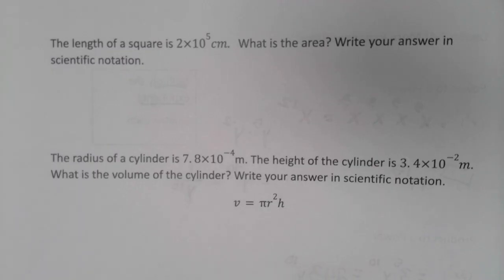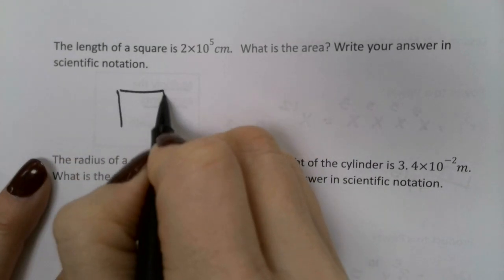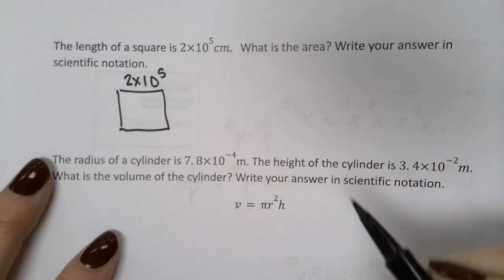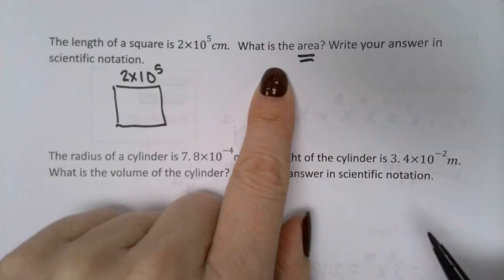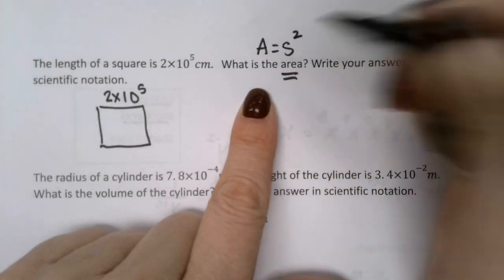The word problems essentially are having you multiply scientific notation, or multiply things that are already written in exponent notation. So here we have the length of a square is 2 times 10 to the 5th. Well, it's a square and it's asking for the area. So the area of a square is the side length squared.